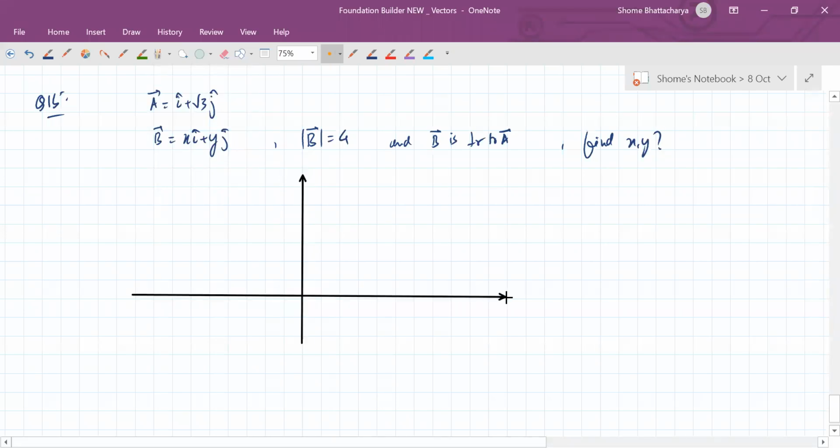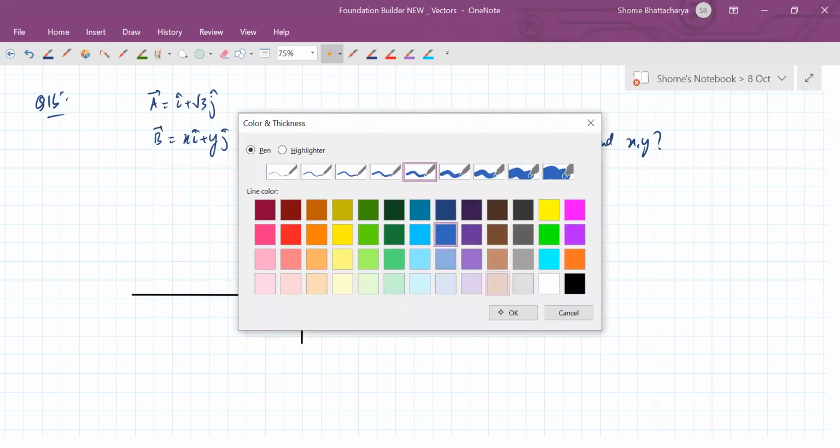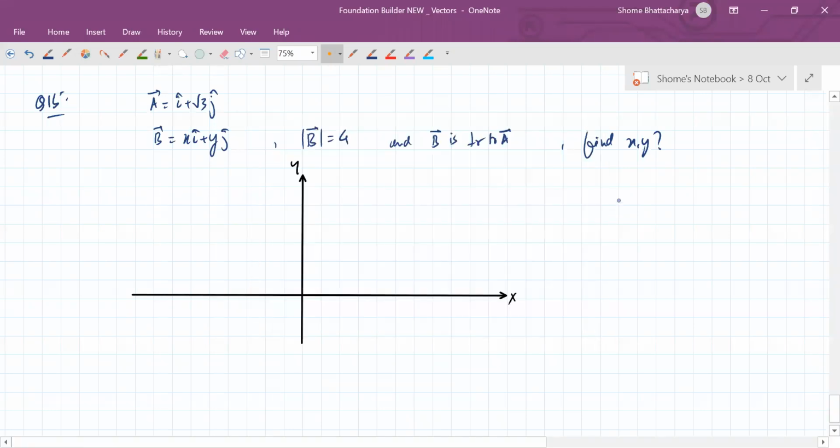So in the xy plane, if you first try to visualize the vector A, so the vector A is i cap plus root 3 j cap. So you can see that it is at theta equal to 60 degrees with respect to x axis.